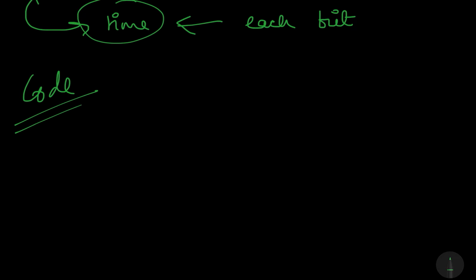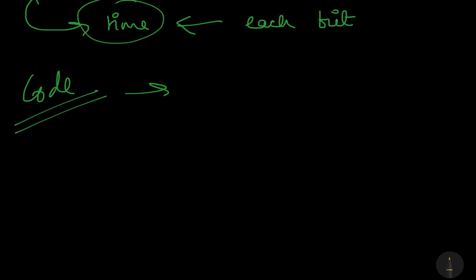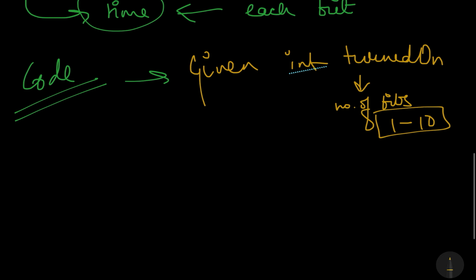Now let's see with the help of code how we can achieve this. We have been given an integer turnedOn which represents the number of bits that are turned on, from 1 to 10.